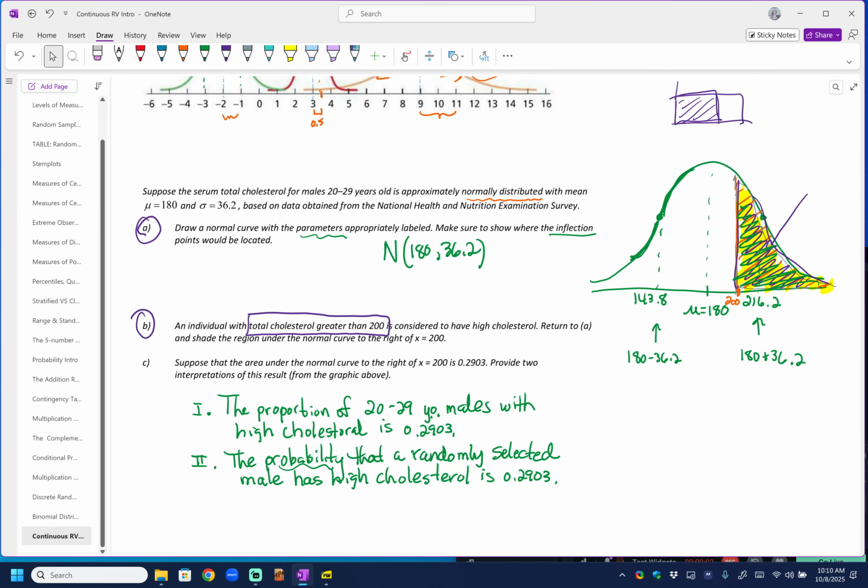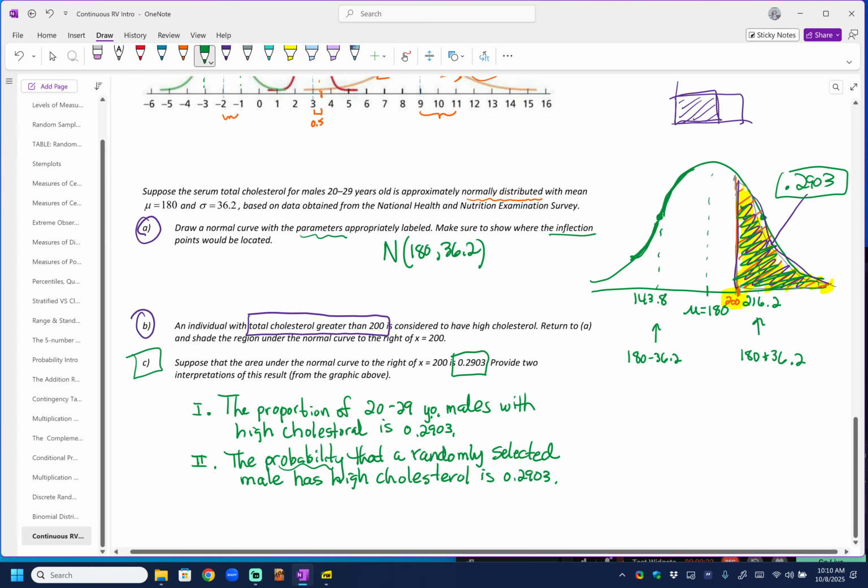It says, suppose the area under the normal curve to the right of 200, so remember our 200 is right here, is 0.2903. To be clear, we don't know how they found this, but they're explicitly telling us that this is the area right in this crazy colored region, right?